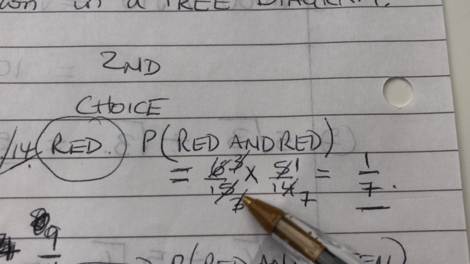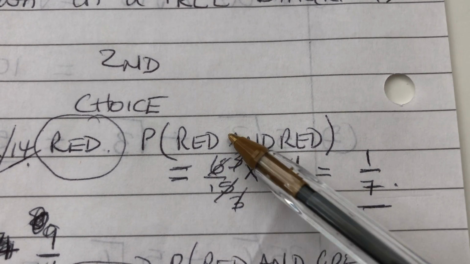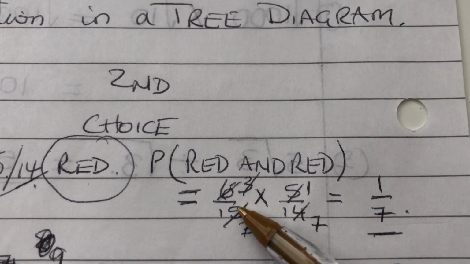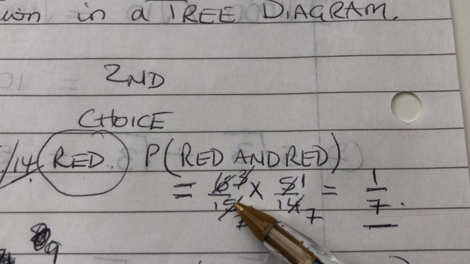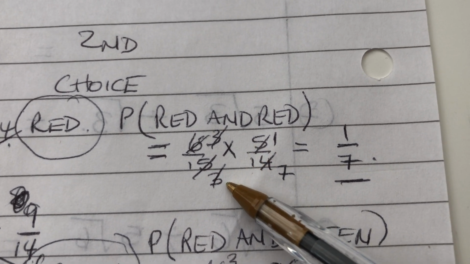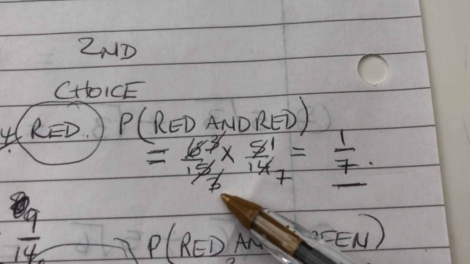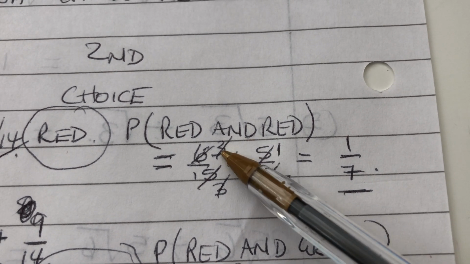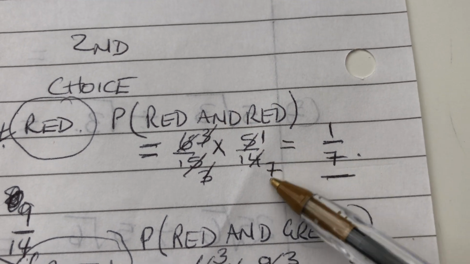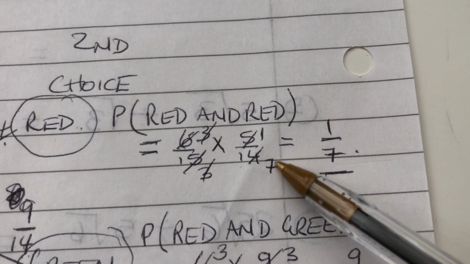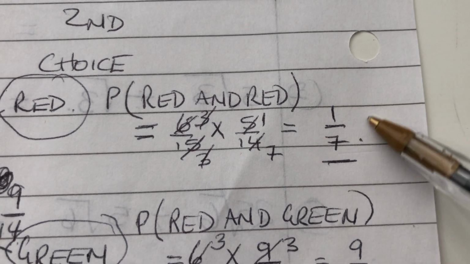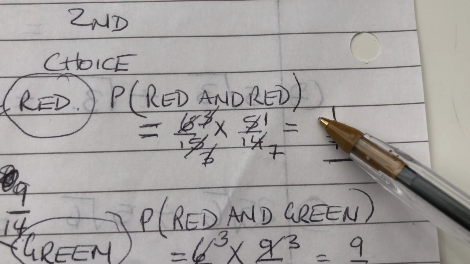How many 3s do we have in 3? How many 3s do we have in 6? 2. Now how many 2s do we have in 2? How many 2s do we have in 14? 7. So the probability reduces to 1 out of 7.